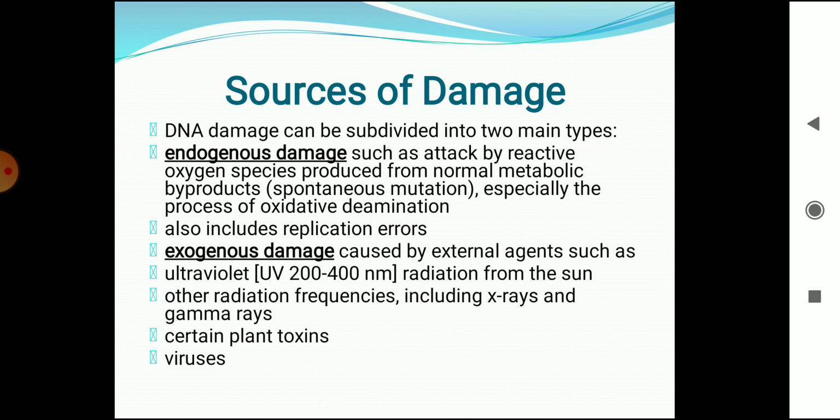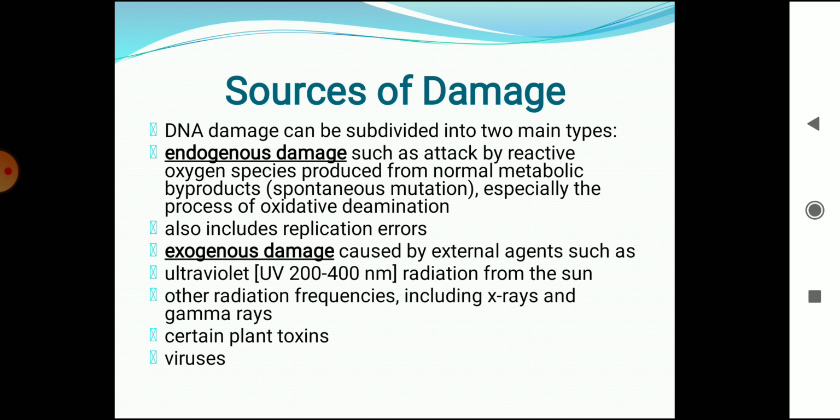Sources of damage. DNA damage can be subdivided into two main types. First one is endogenous damage and second one is exogenous damage. In case of endogenous damage, it is attack by reactive oxygen species, which are produced from normal metabolic byproducts such as spontaneous mutation reactions, especially the process of oxidative deamination.